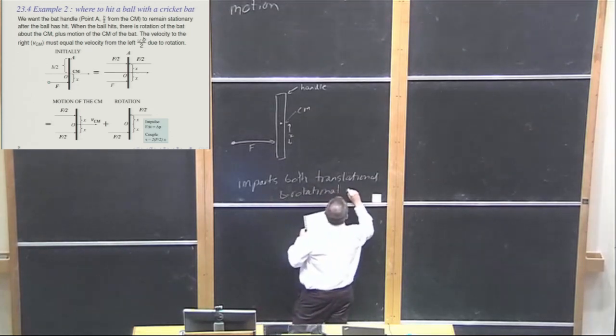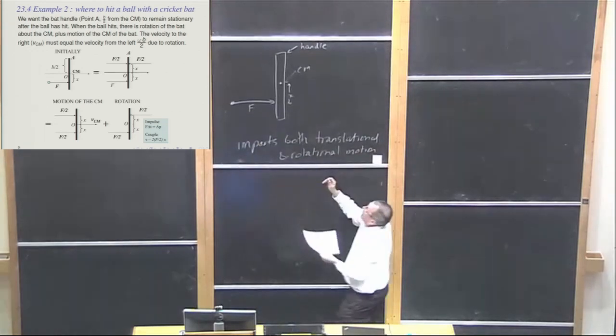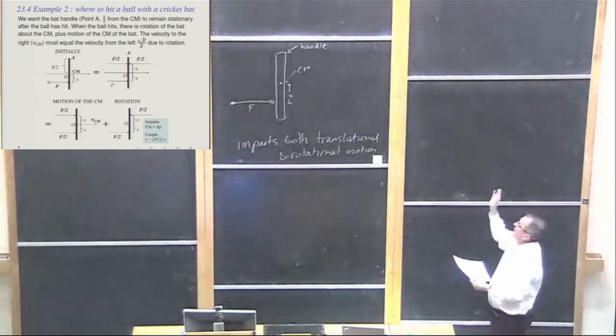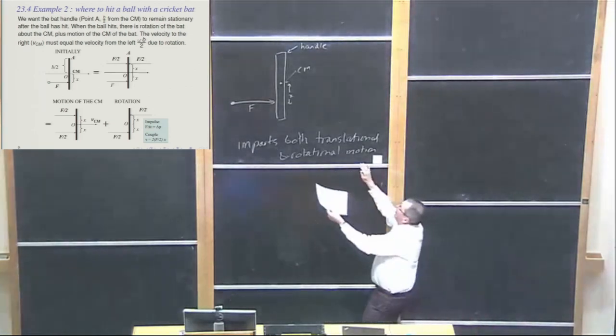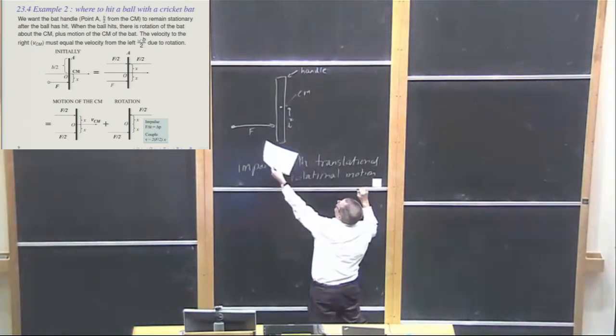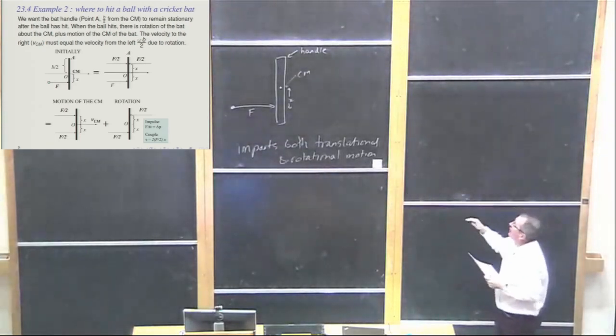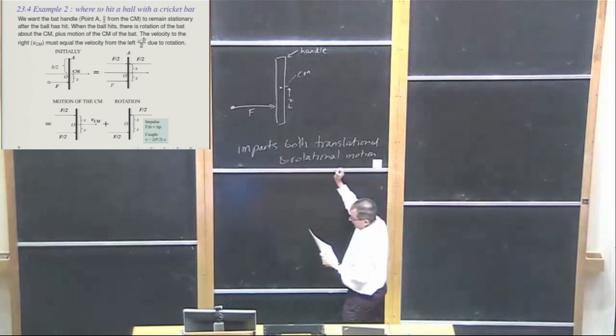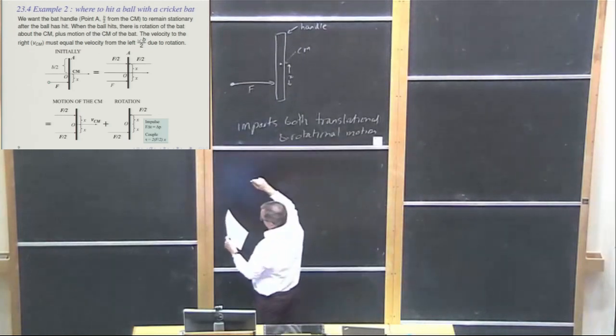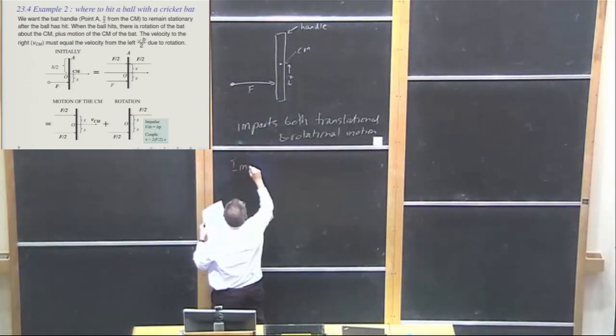The center of mass of the bat, and indeed the whole bat, will start to move in this direction, but because it's being struck in general below the center of mass, it will also exert a torque, and the bat will start to rotate. So there are impulses which are given.